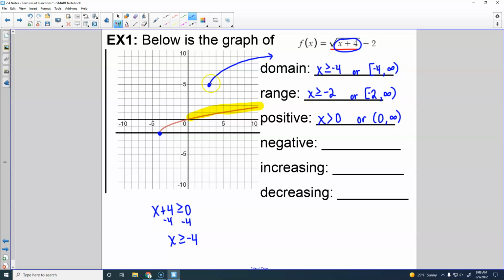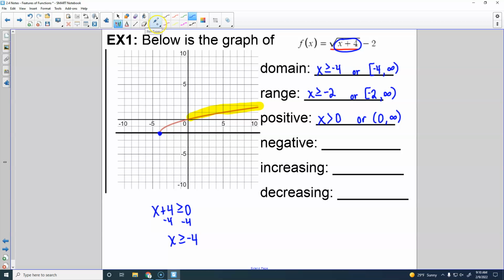So if you had something like this, you would use a bracket. You'd say 3 to infinity for that. But that would only be if the whole entire function is positive. So it can happen. But most of any other time, unless the whole thing is positive everywhere, you're going to use parentheses with that for positive and negative.